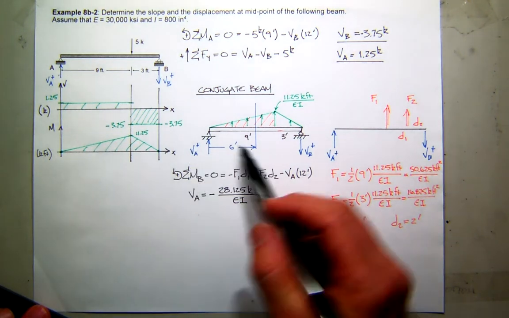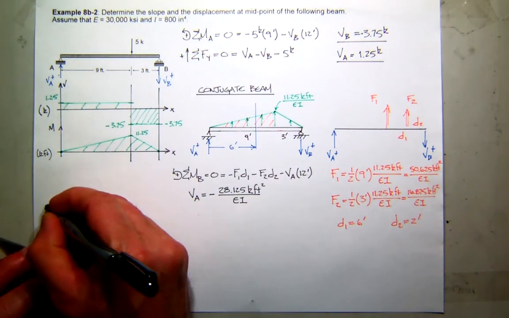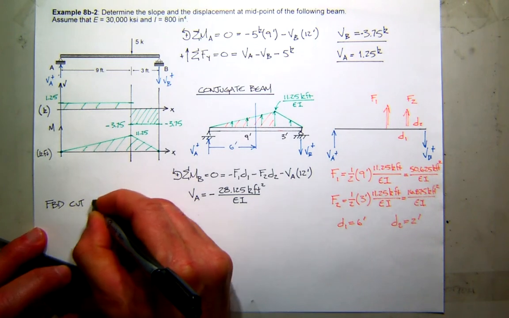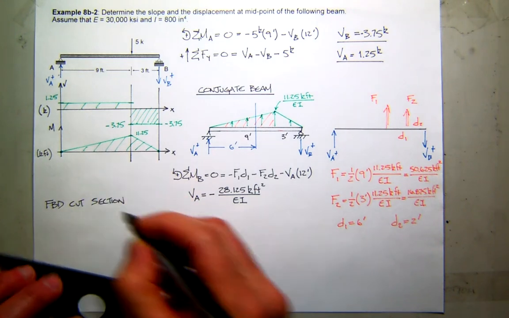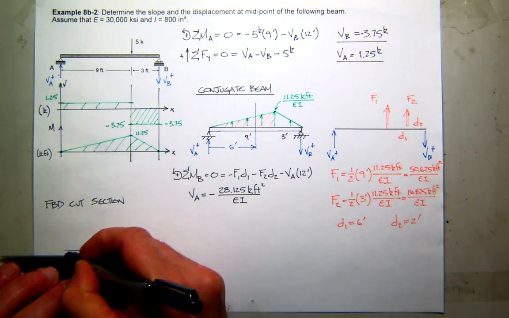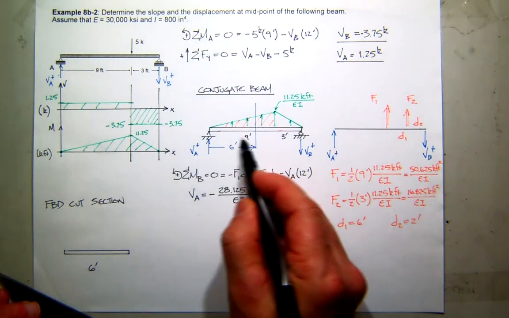So now that I have this, I can actually cut the structure. Here's going to be my free body diagram for the cut section. I'll draw it a little bit bigger so it'll have some room. This will be 6 feet long because we're cutting this left side.